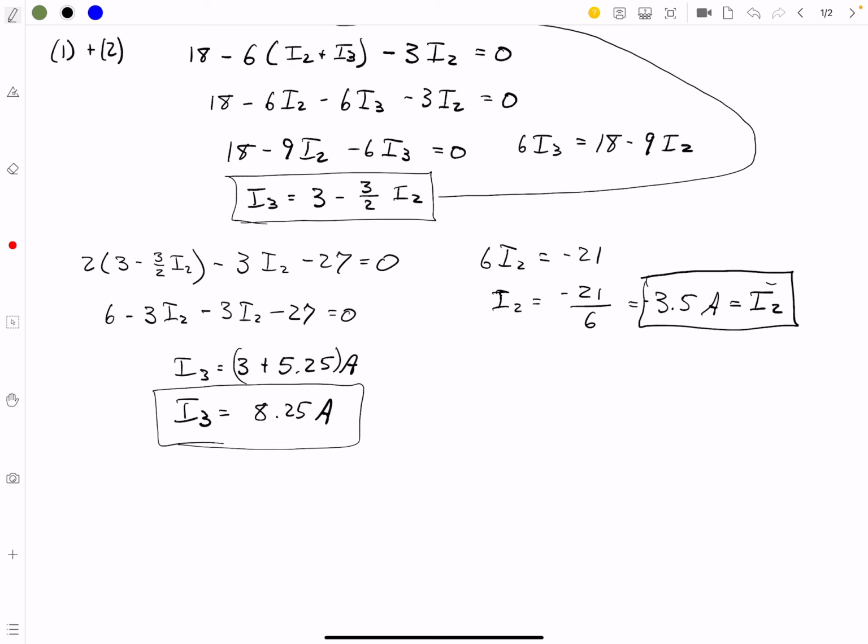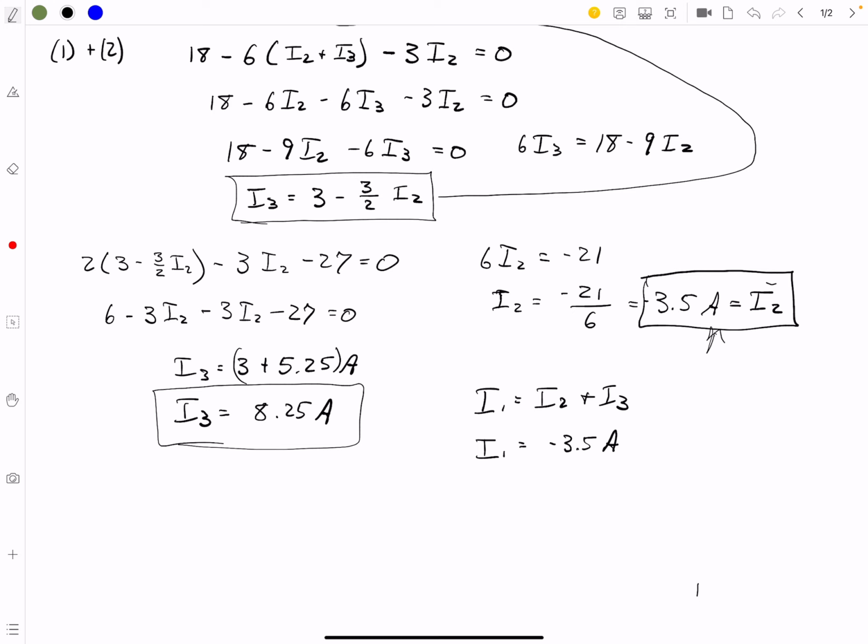And now we're left with what is I1. Well, we know that one equation where I1 is equal to I2 plus I3. I1 equals I2, which is minus 3.5 amps. It's still in the same direction because we have to be consistent.